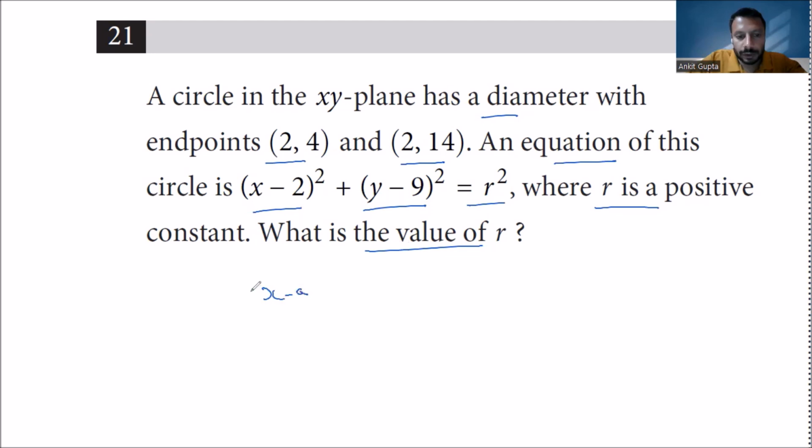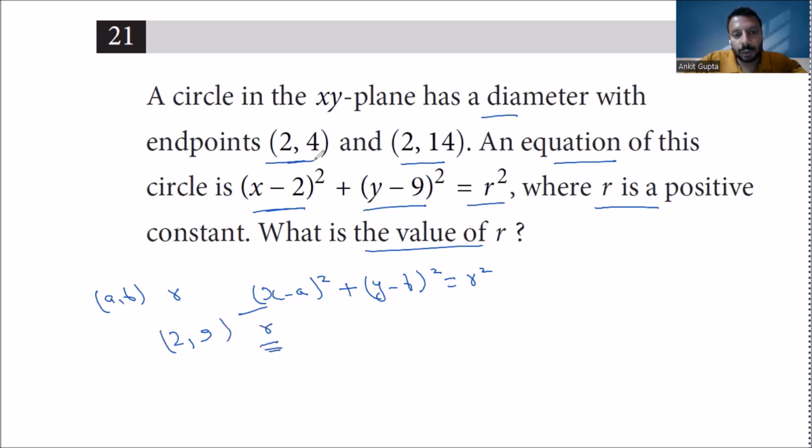We know a generic equation of the circle is x minus a whole square plus y minus b whole square is equal to r square, where the circle has the center at point a comma b and radius as r. So if we compare these two equations, we will get the center of the circle as 2, 9 and radius as r itself.